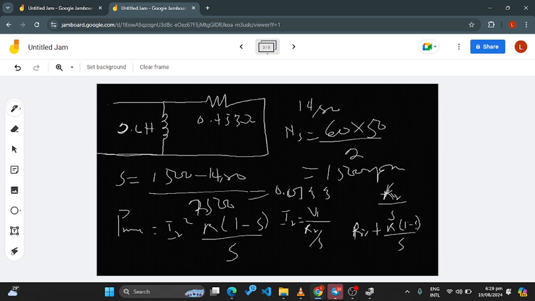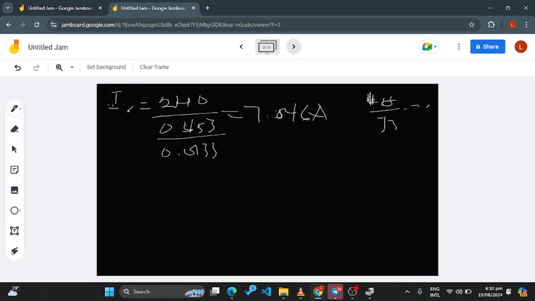So now we come here. The voltage here is 240, right? So now we've determined this current. The rated current is the current flowing here. So we need to determine the current passing here, which is IM. IM is going to be 240 divided by the impedance over there.